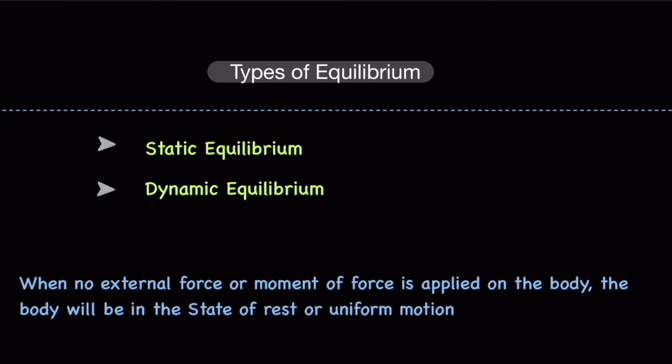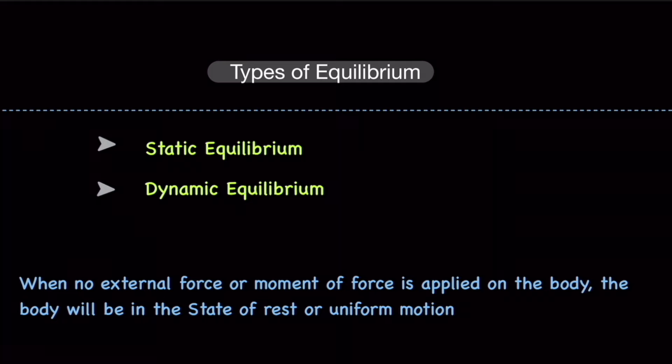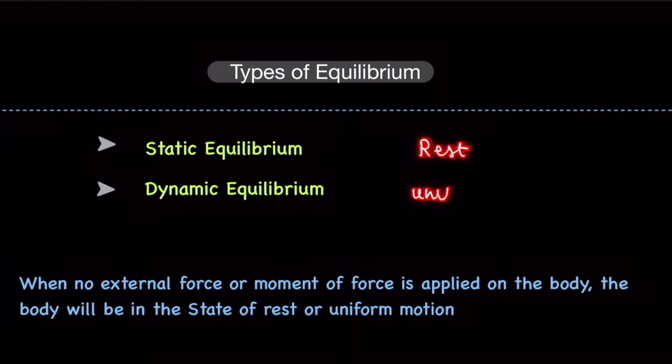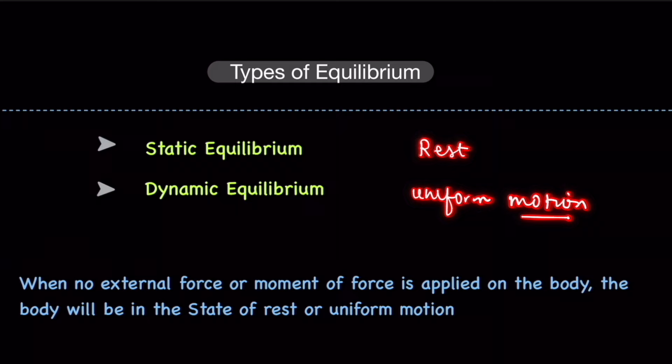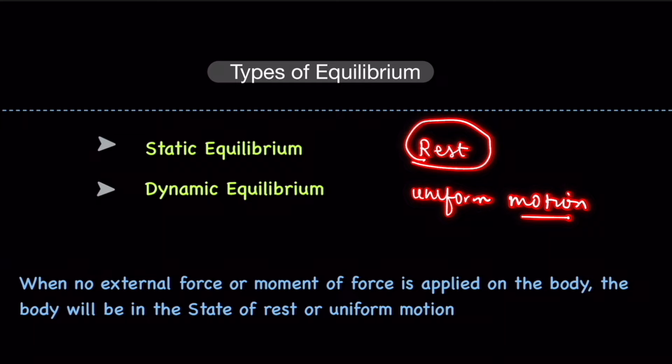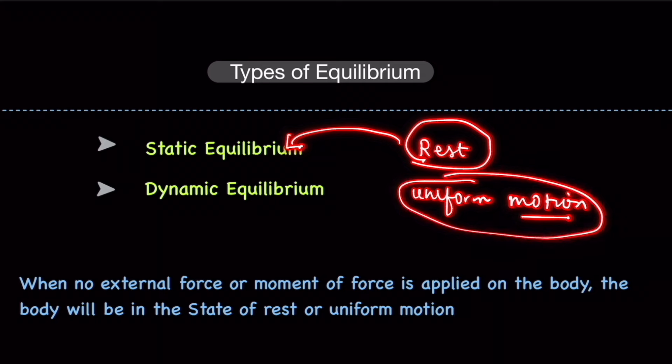I will explain. So we know that there are two types of position of a body. A body could be at rest or in uniform motion. So when we consider the body at rest and then the equilibrium takes place, it is said to be a static equilibrium. But when we consider the body in uniform motion and then we consider the equilibrium state, then it is a dynamic equilibrium.